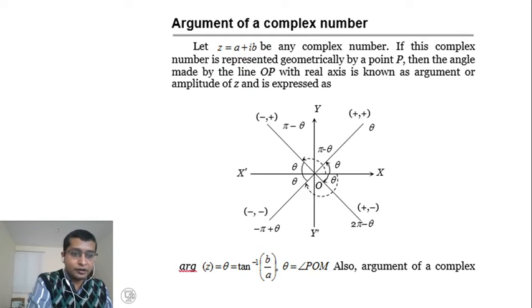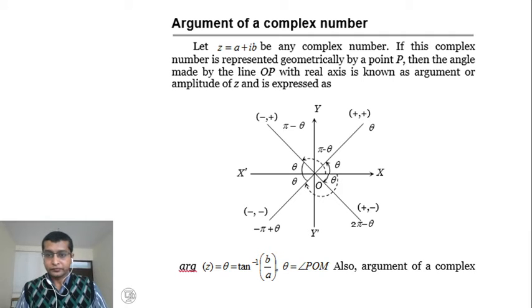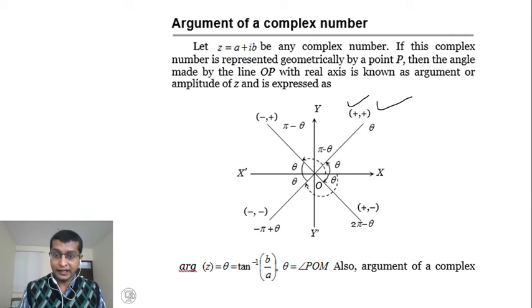Sometimes you may get a question: in which quadrant is it present, first, second, third or fourth? Then we should look at the real part. If the real part is positive and the imaginary part is positive, then it is in the first quadrant.